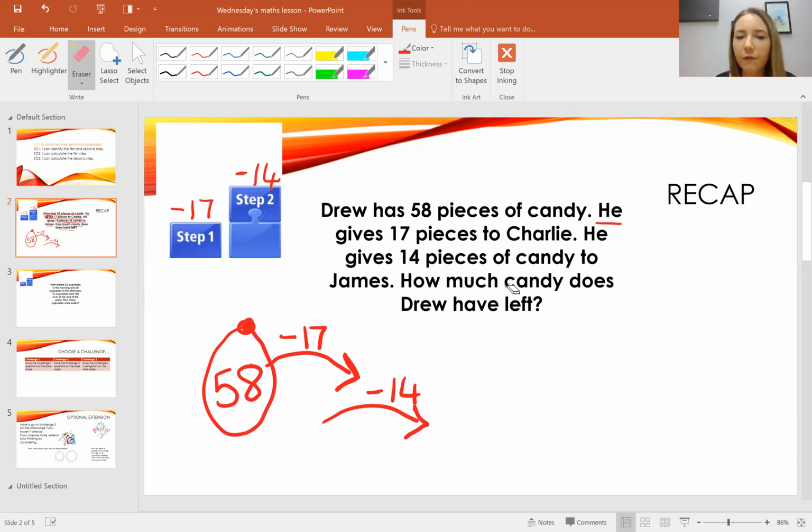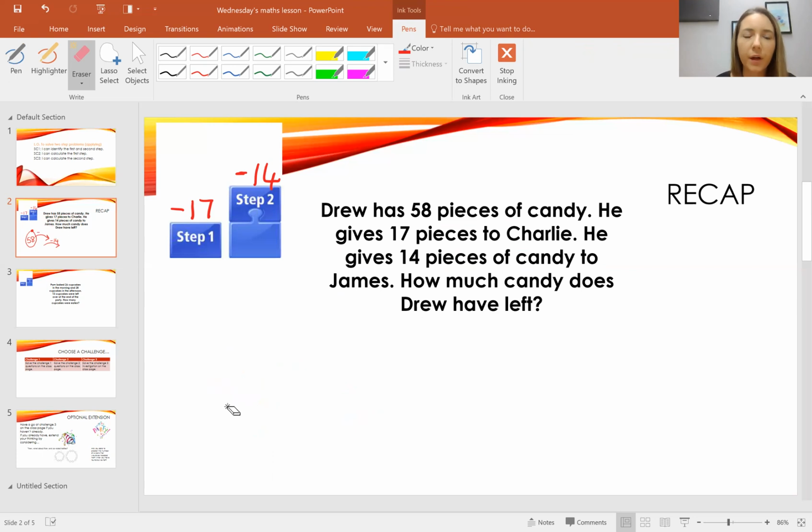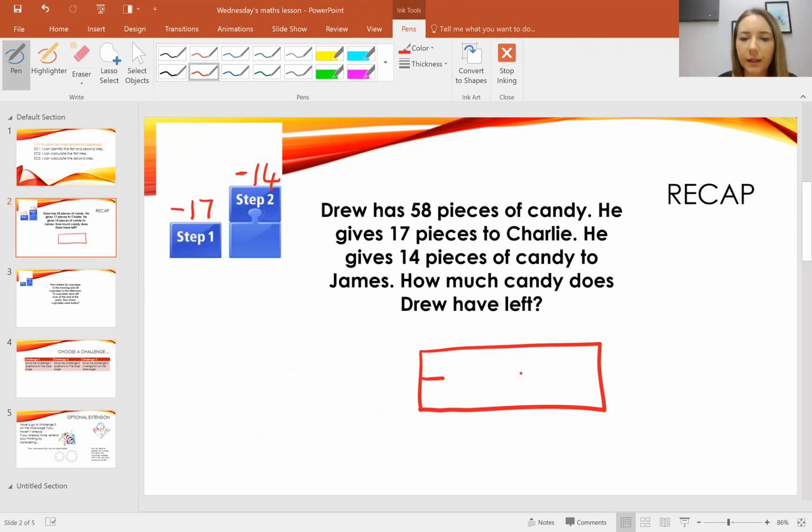Okay, if you represented that in a bar model, then we would know that 58 is the minuend. So 58 is the total at the top. And there are three numbers that make 58. One of those will be 17, one of those will be 14, and then we have our question mark.